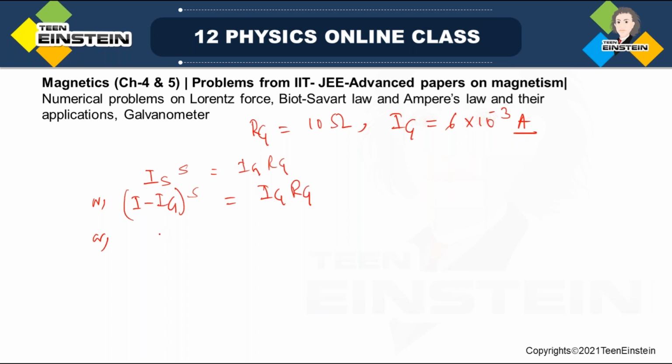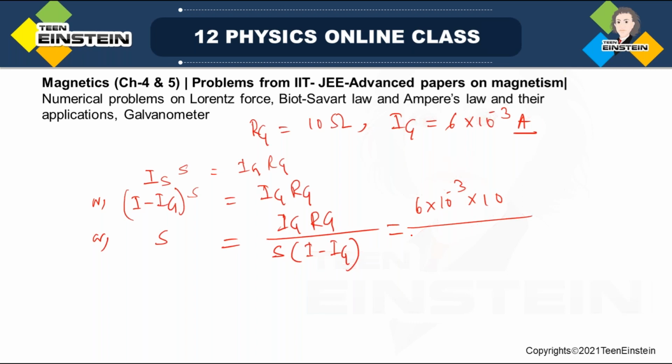S is already given, you have to find out N. So let me compare our value and the given value. So S into I minus Ig. Ig is given as 6 milliampere, 10 to the power minus 3. Rg is given 10 ohm, and S I am calculating actually. Let us not write it here.